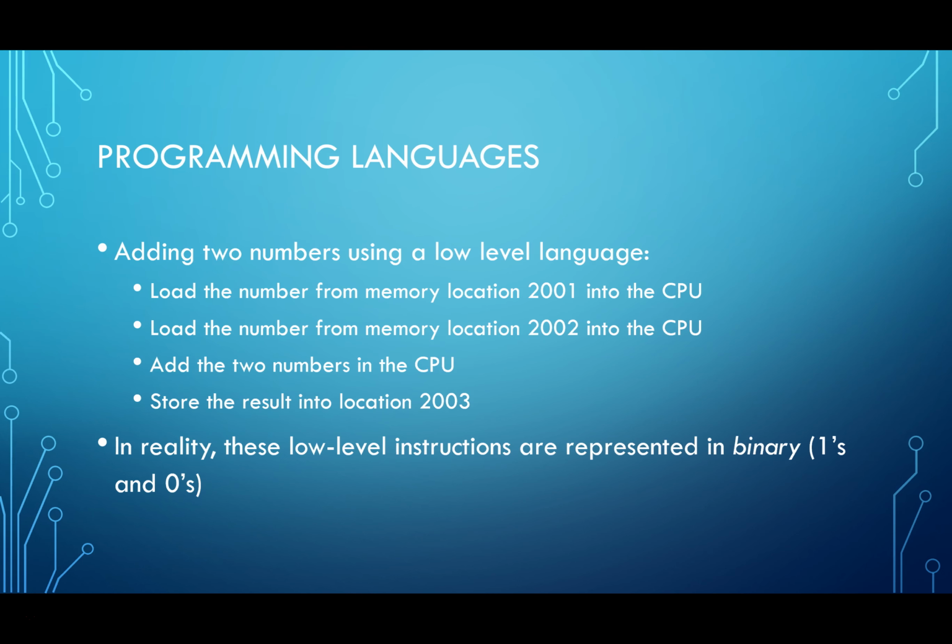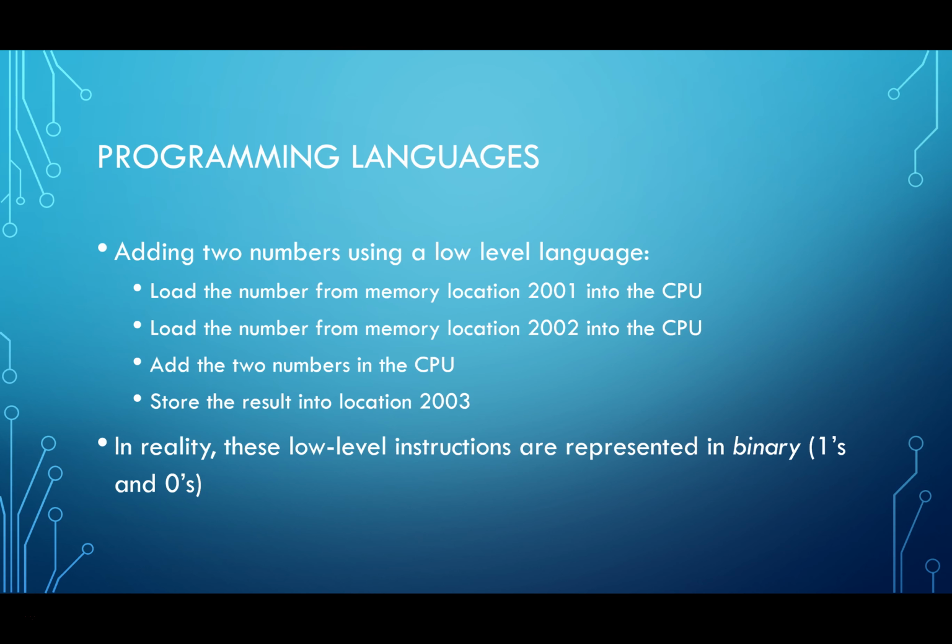Adding two numbers using a low-level language consists of loading the number from a memory location such as 2001 into the CPU. You would load the number from memory location 2002 into the CPU. You would add the two numbers in the CPU and you would store the result in location 2003.